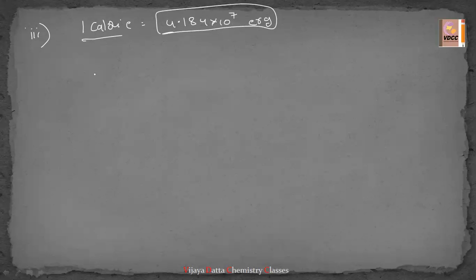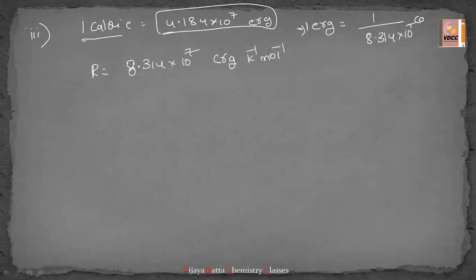These are the basic values. But we already know R is 8.314 into 10 to the power of 7 erg Kelvin inverse mole inverse. If you want to convert erg into calorie, then 1 erg is equal to 1 by 4.184 into 10 to the power of 7 calories.